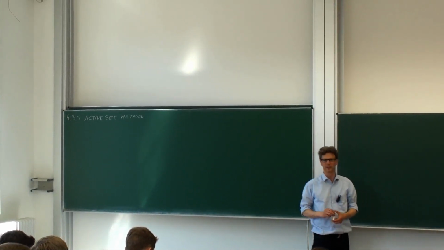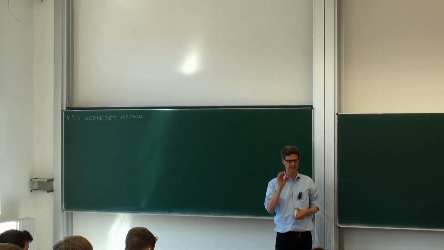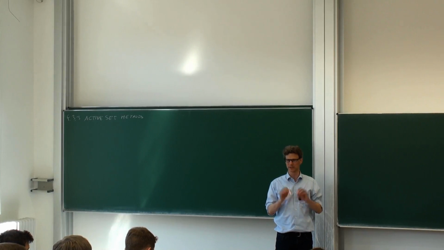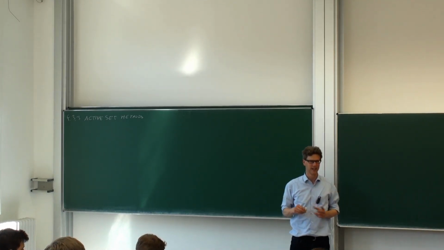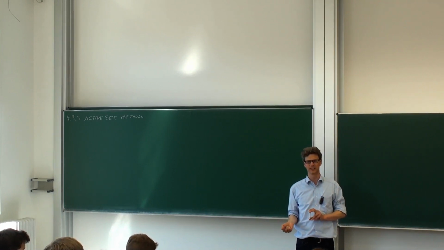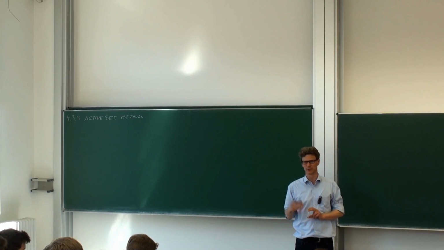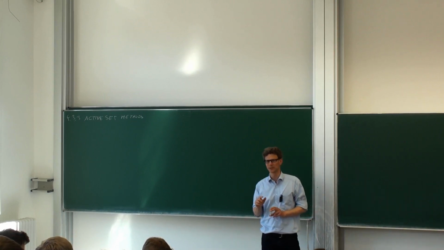And the words that I want to use are the following. So if you have a guess of the active set, if you would know the active set of an NLP or of any optimization problem, right? If you would know what is the right active set, then you could just solve it by a normal root finding problem. Do you agree? So, of course, you don't know the active set, but if you would know it, you would just fix it.